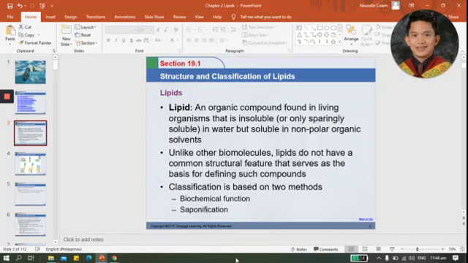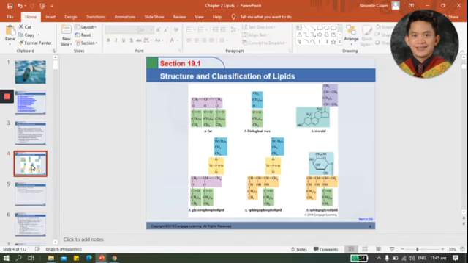These methods are based first on their biochemical function, and the second method is based on saponification.